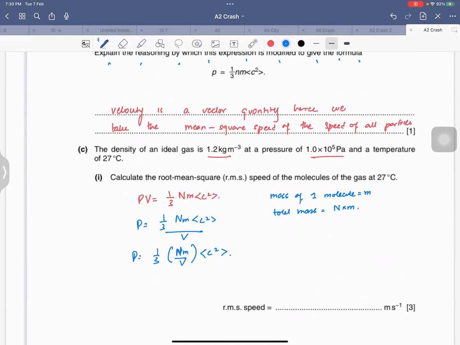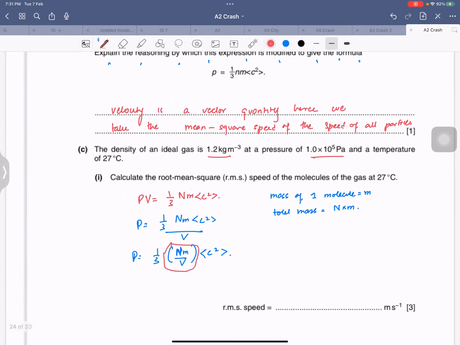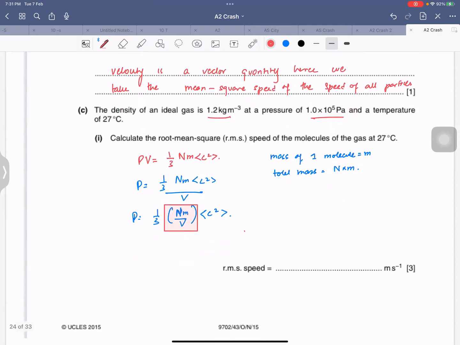What do you think is this expression right here? Density. Yes, because it is basically total mass over total volume, right? Now we get an expression where pressure is equal to 1 by 3 density times C squared.